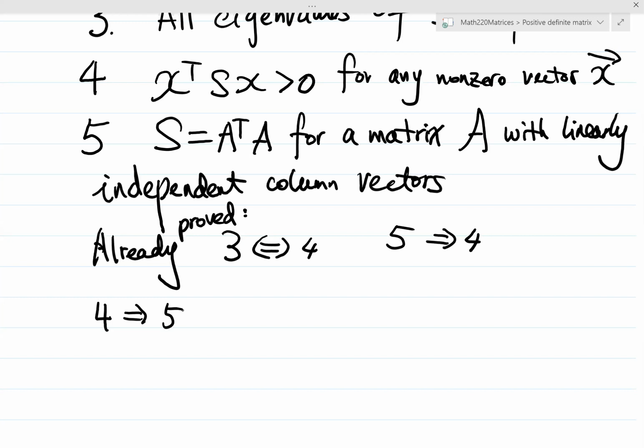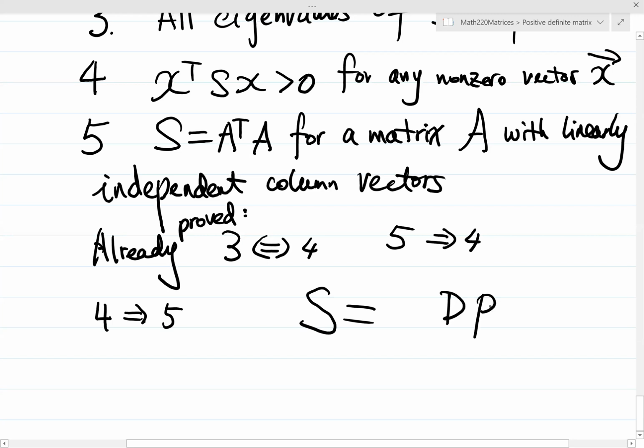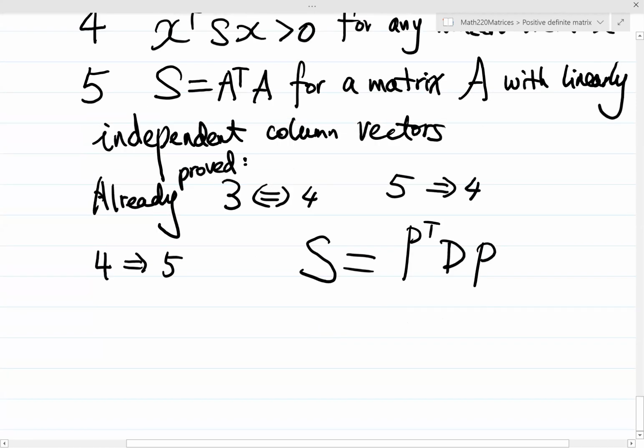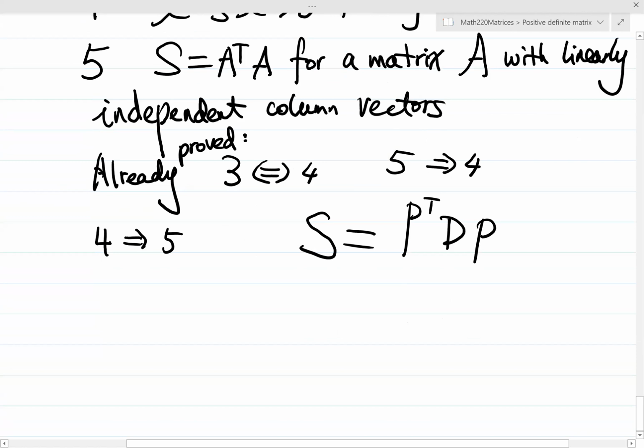So, we can write the diagonalization of S in this form: S is P D P transpose. So S is congruent to a diagonal matrix.